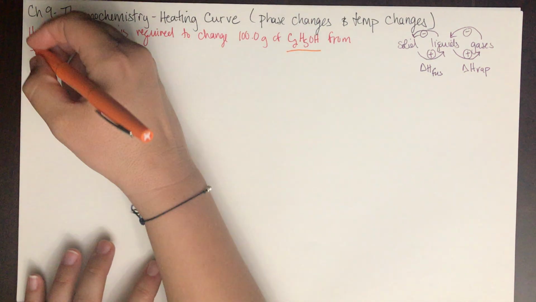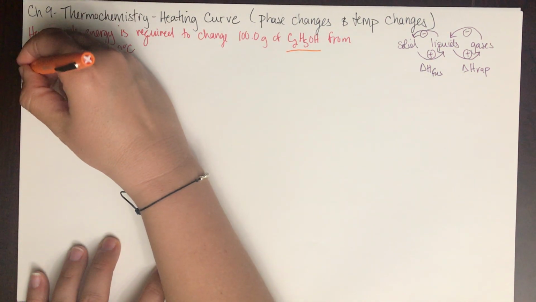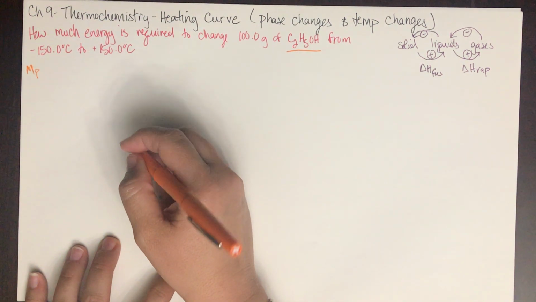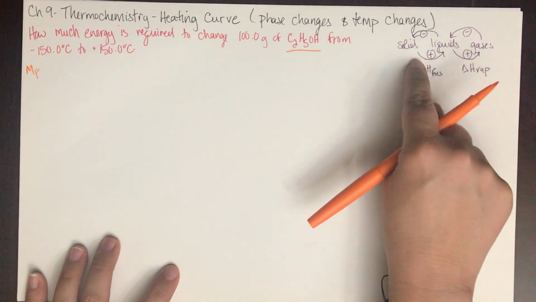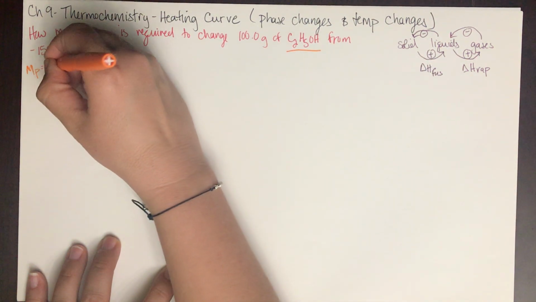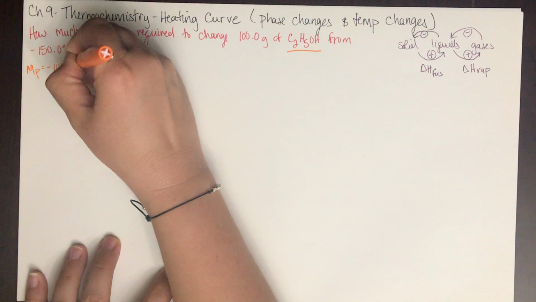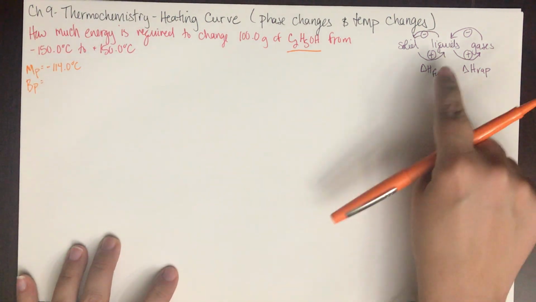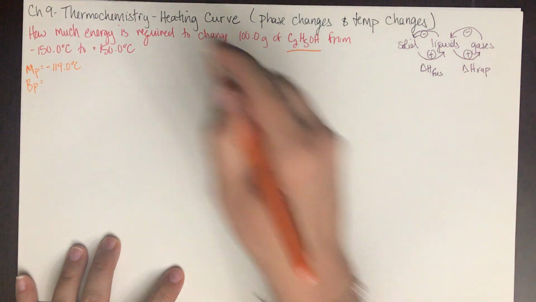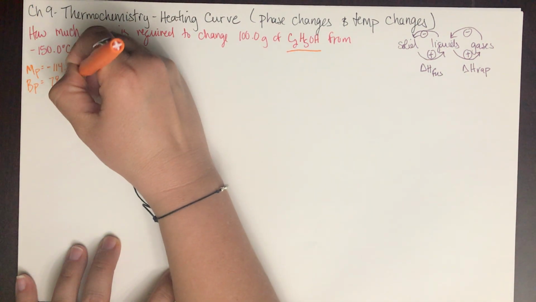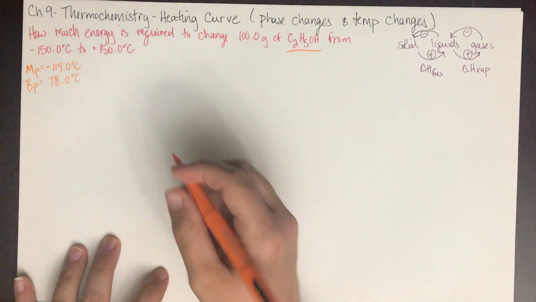So for ethanol, the melting point, which I'm just going to abbreviate MP, the point between solids and liquids, is negative 114.0 degrees Celsius. The boiling point, where we go between a liquid and a gas, is 78.0 degrees Celsius.